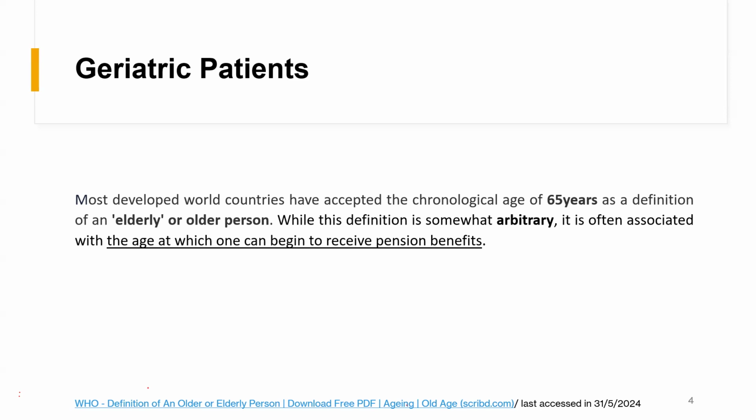This definition is somewhat arbitrary because it doesn't consider the biological age of the patient. And as we know, the chronological age is not a synonym for the biological age. Okay, so we can consider this age of 65 years as an arbitrary definition for older adults.